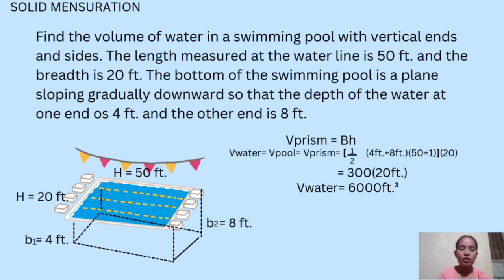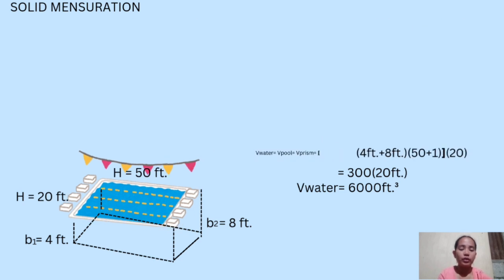First, we just slowly solve this. So, put on your calculator 1/2 times 4 plus 8 times 50. So we have 300 times 20 feet. If we multiply this, we get the volume of water equal to 6,000 feet cubed.